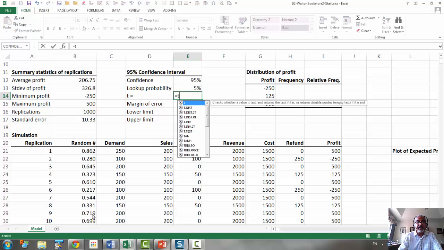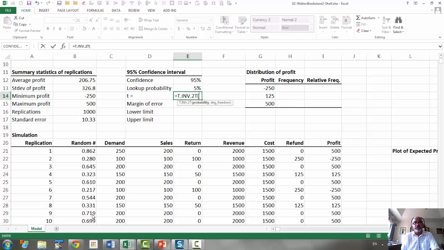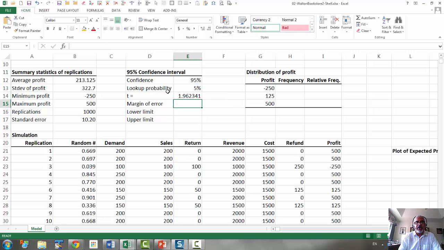The t value is given by T.INV.2T. So that's our two-tail distribution, and the first item is the probability, that is the lookup probability, which is the alpha value, which is that. And the degrees of freedom is n minus 1, which is the number of replications minus 1. So that will give us the t table value.